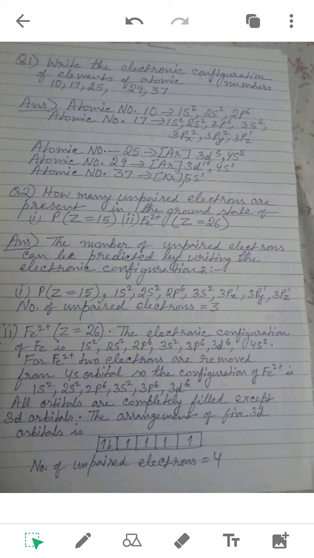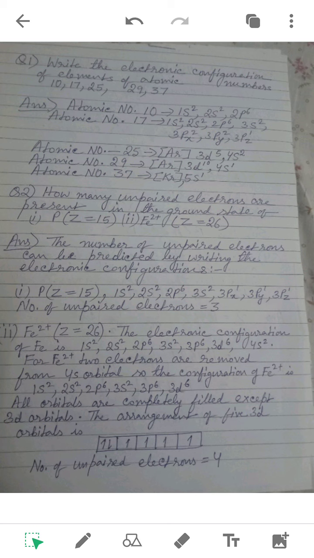Now there are 3p orbitals, and you know that px, py and pz are there. First they are occupied singly, one electron entering each orbital. After that pairing will start. So it will be 3px2, 3py2 and 3pz1.